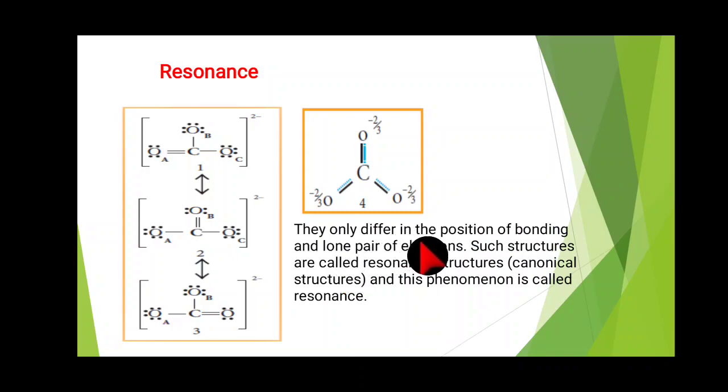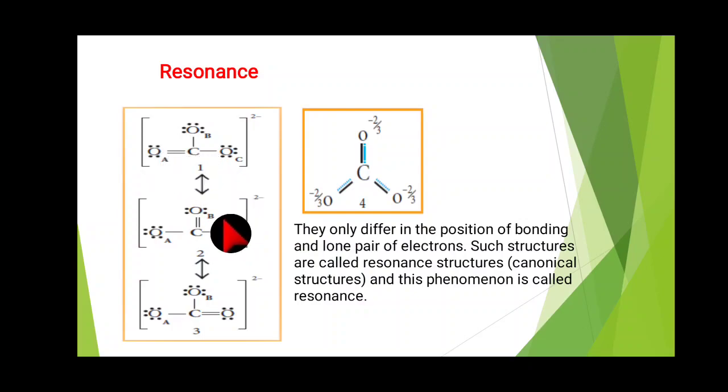The first three only differ in the position of bonding and lone pair of electrons. Such structures are called resonance structures. So these three are called resonance structures. They only differ in the position of bonding and lone pair of electrons. Just go through the structures, we can find the difference.